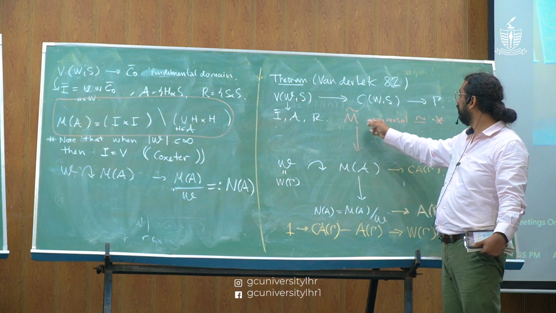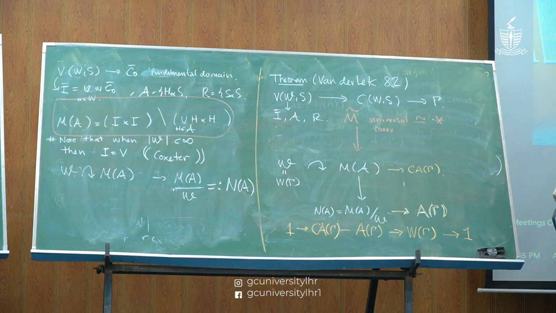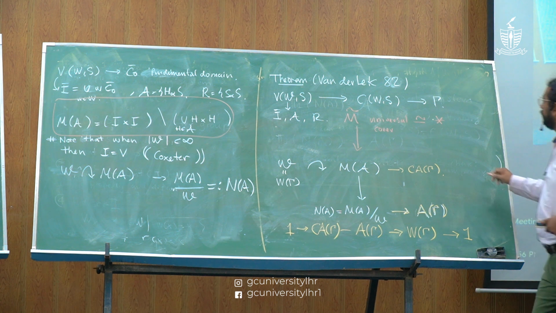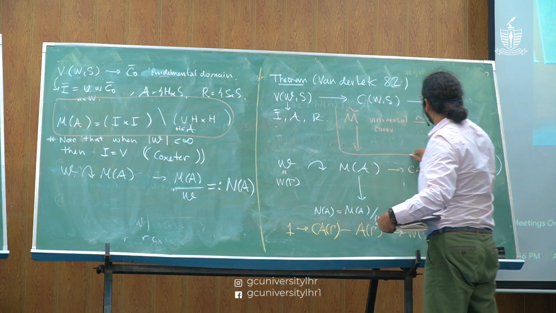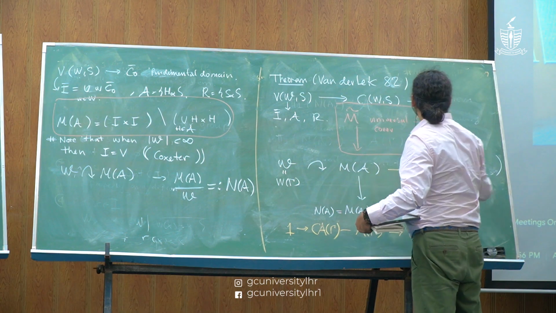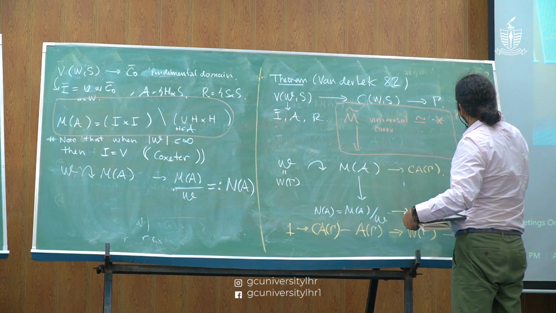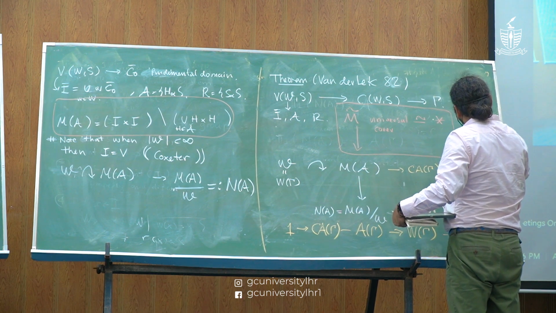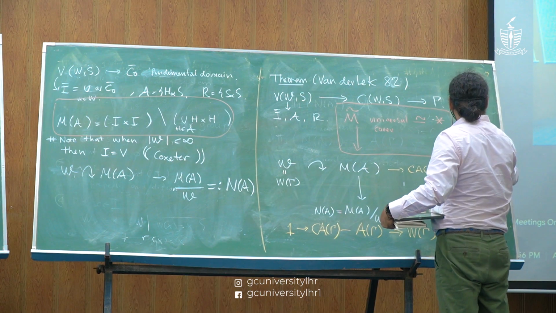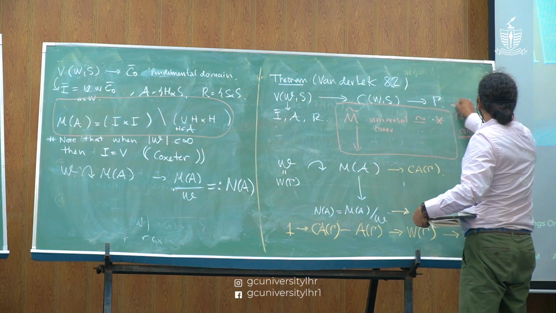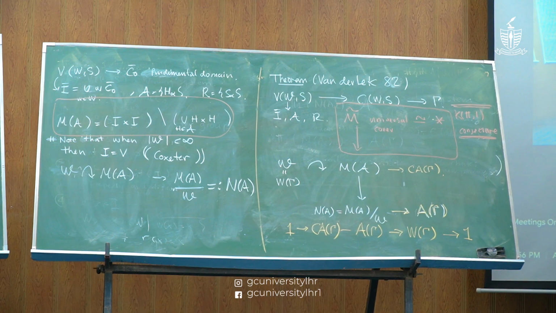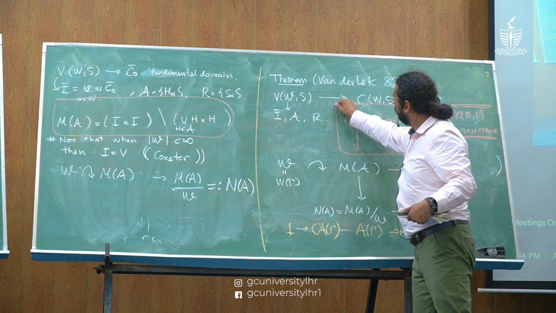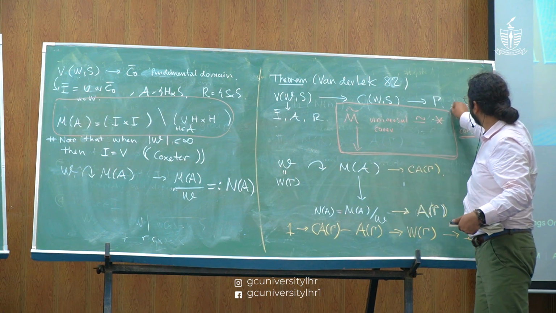Because the universal cover is contractible. So this is what is called the K(π,1) conjecture. And this is, in a certain sense, what we are trying to solve.